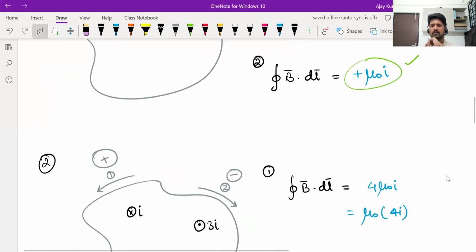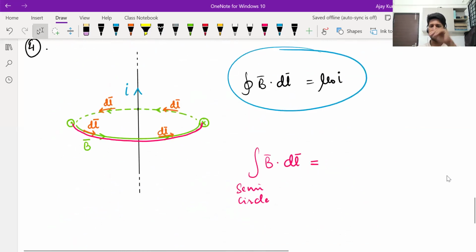Okay. You could have answered it based on symmetry also. If you move along the complete circle, the answer is mu naught I. Whatever magnetic fields exist over one semicircle, the same pattern exists over the other semicircle also. So integral B dot dl over this path should be the same as integral B dot dl over the remaining path.